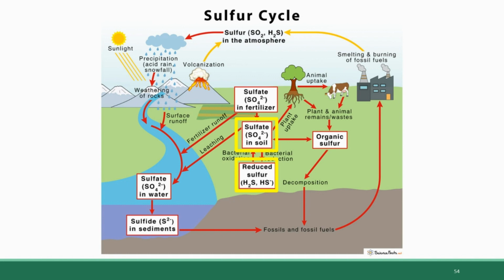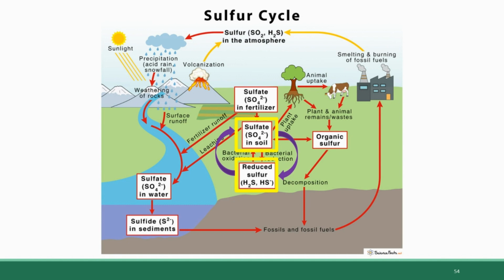They will pile electrons onto sulfate and effectively reduce it, which is why this process is called sulfate reduction, and then turn it into a molecule called hydrogen sulfide, H2S, which you can see in the bottom of those two highlighted boxes here. And then other types of soil bacteria can use that hydrogen sulfide as an energy source in a similar way that you would use carbohydrates as an energy source. And when they do, they oxidize it back to sulfate. So these specialized soil bacteria have their own cycle within the cycle.